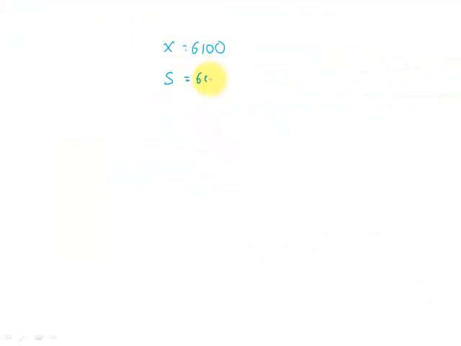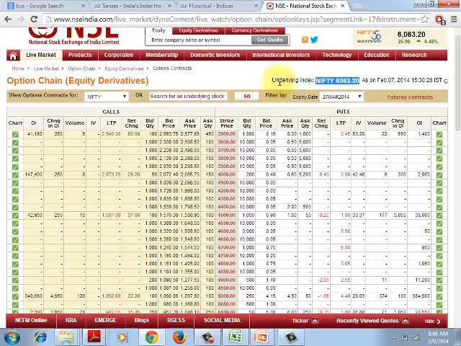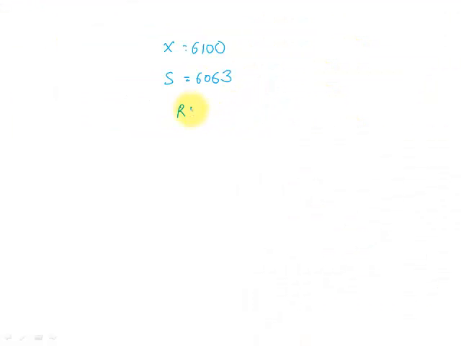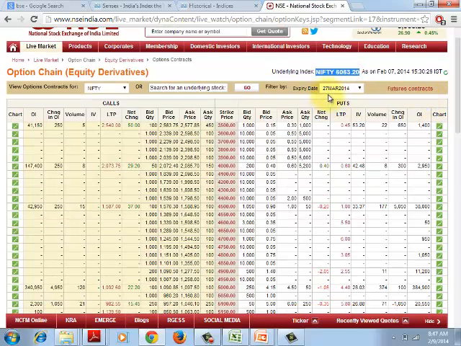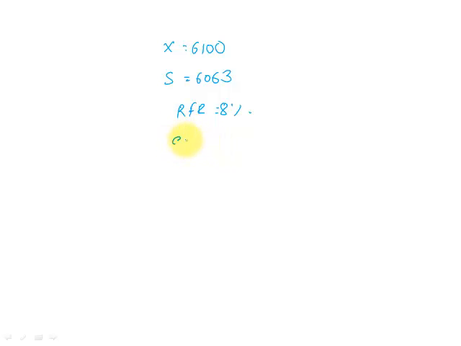So spot price is 6063. RFR, should we take 8%? So let's take RFR as 8%. And the maturity is 27th March. Expiry is 27th March.